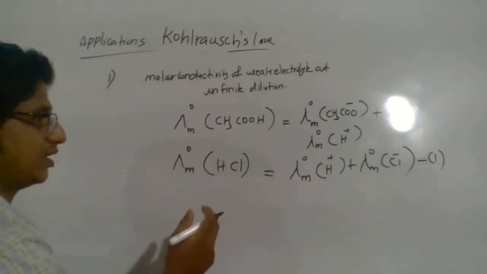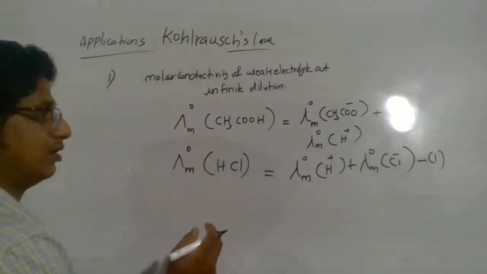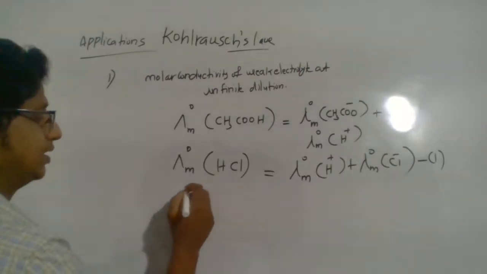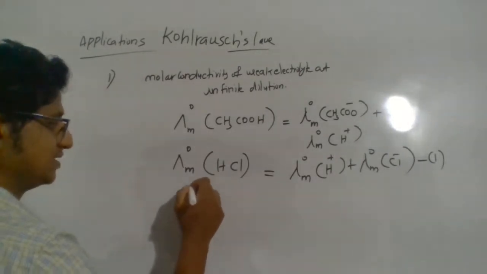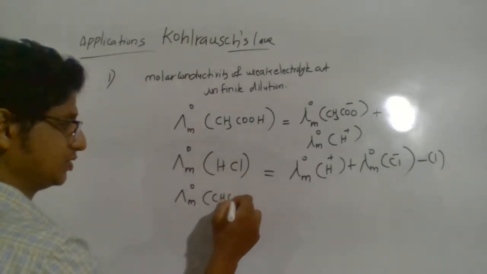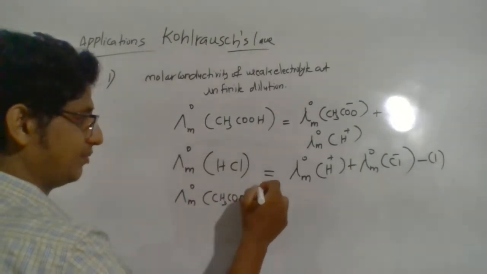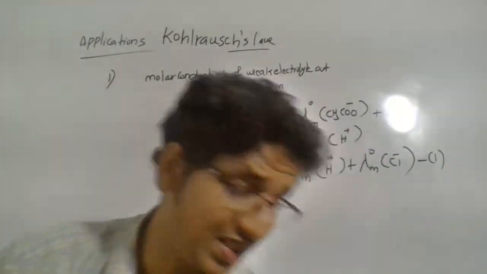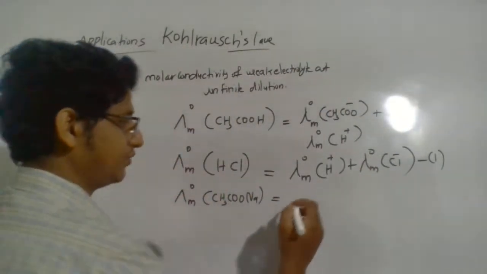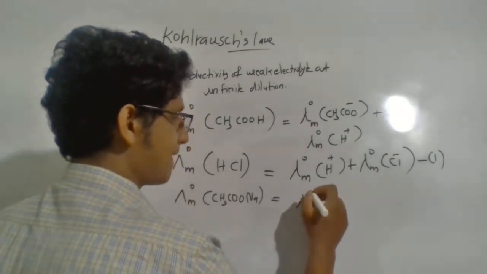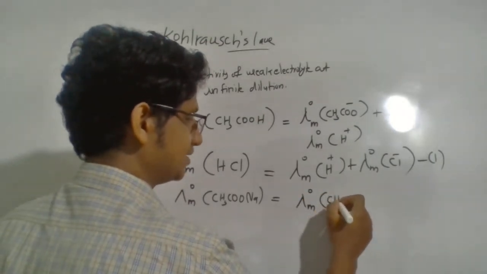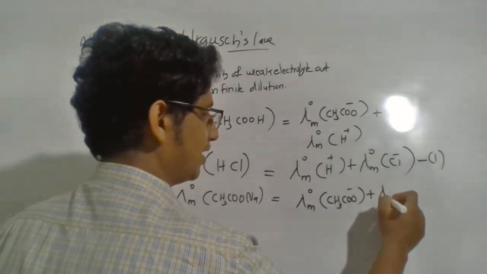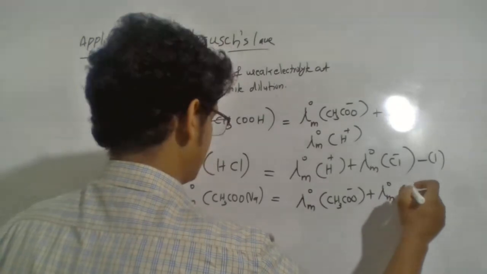Now we know another electrolyte, let it be sodium acetate, CH3COONa. Sodium acetate is a strong electrolyte, so we can have lambda m0 CH3COO minus plus lambda m0 Na plus.